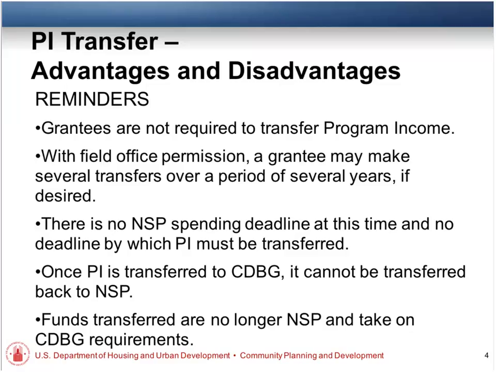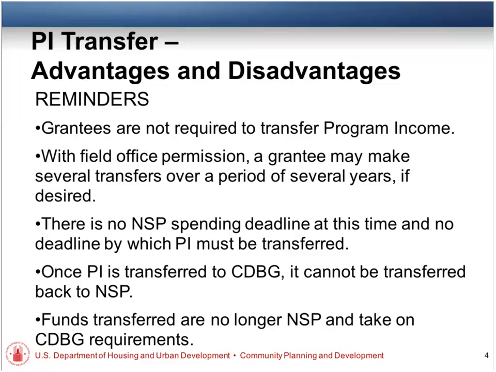So the first principle is that you're not required to transfer program income. You can have an NSP program that completes all its activities, spends all its line of credit, meets a national objective, and has program income for another 3, 4, 5 or more years, and operates as an NSP program, and that's perfectly okay. We like you to close it quickly, but you can keep running it as an NSP program, as an adjunct to your CDBG program.